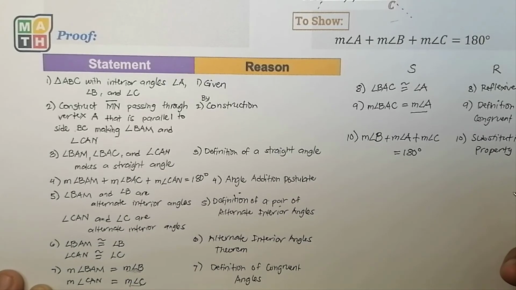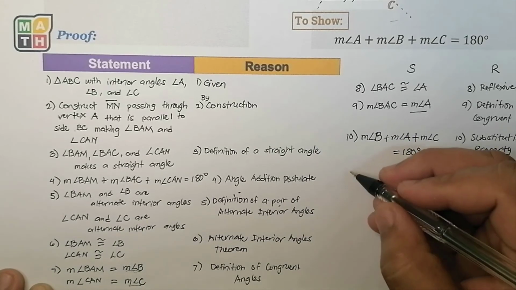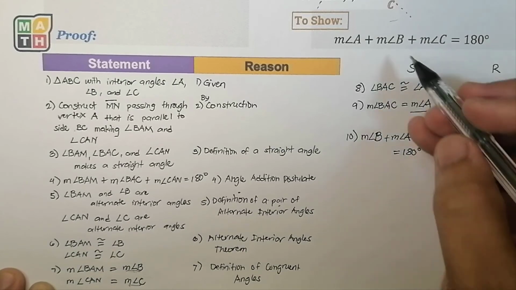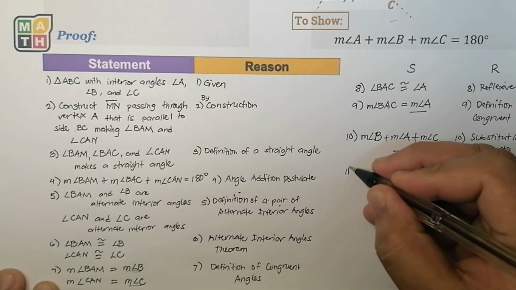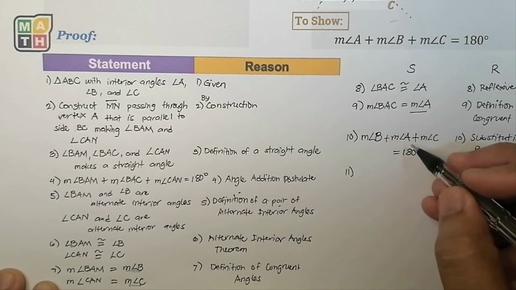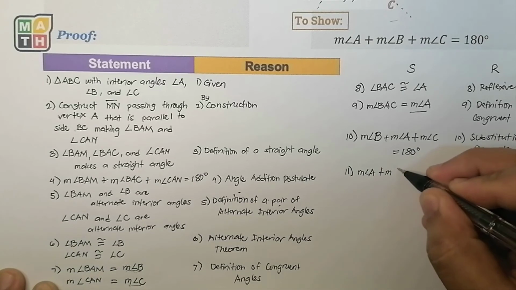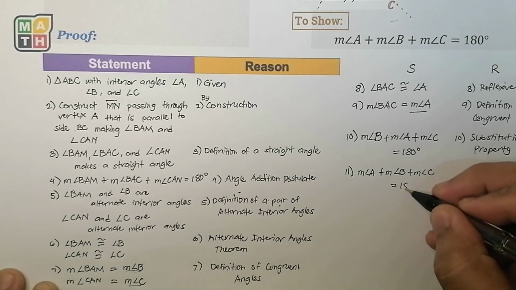So by substitution property. If you would like to add here something, you can just simply rearrange it in such a way that it could look into that if you want to, but let's just make it like that. Let's just rearrange it here. The measurement of angle A plus the measurement of angle B plus the measurement of angle C be equal to 180 degrees.